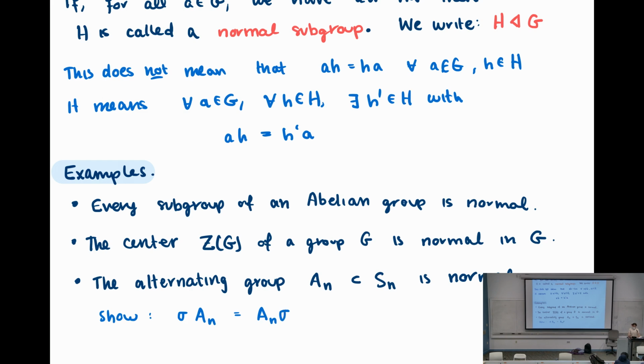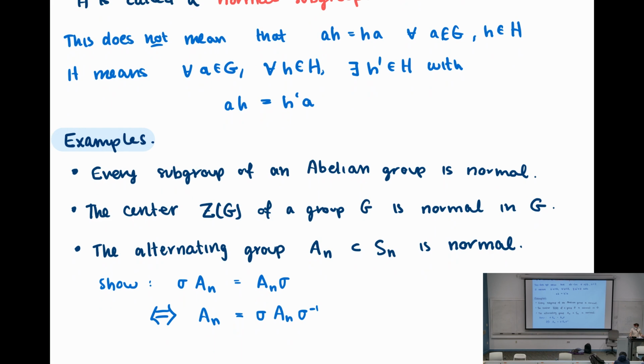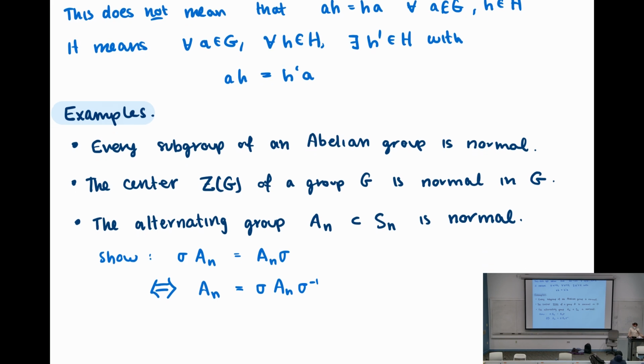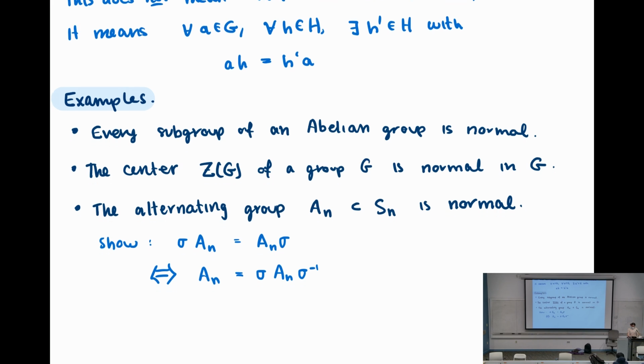And by a property from above, this is true if and only if A_n is equal to sigma A_n sigma inverse. Okay, so let's see why this would be true.